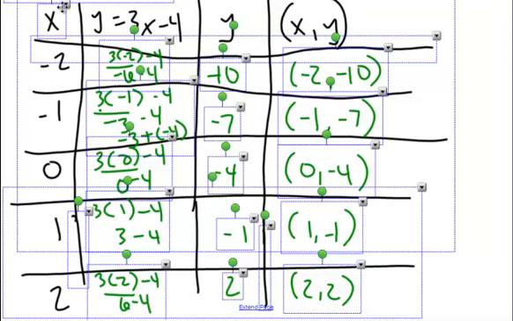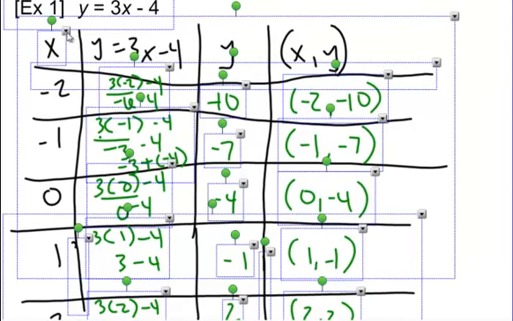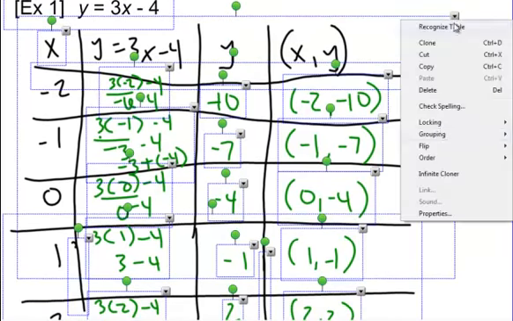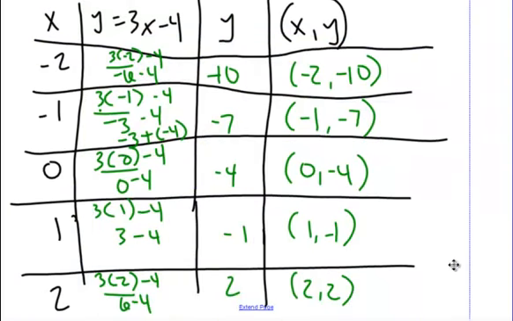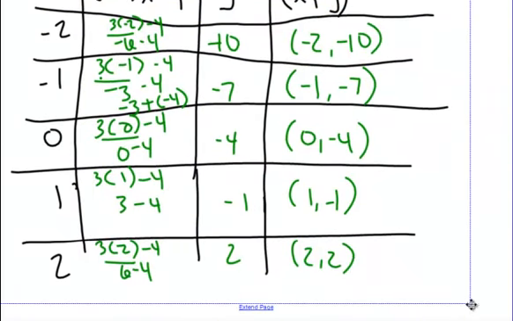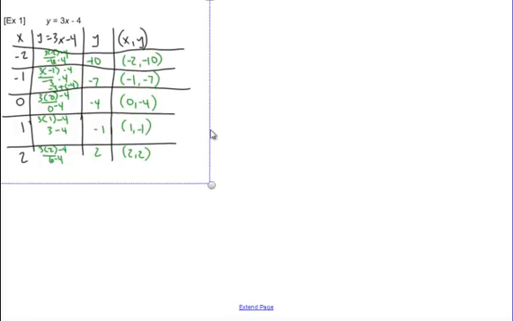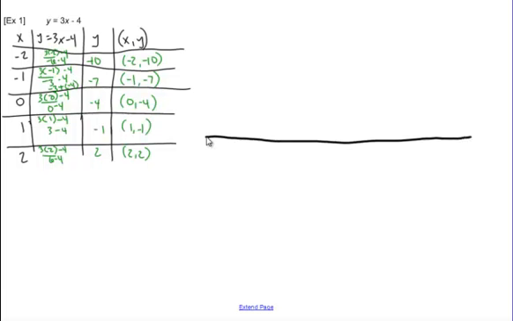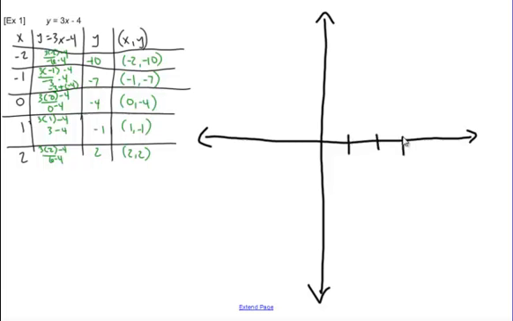So let me minimize this. And let's graph it. Is it going to be perfect? No, but it's exactly what I need. Let's go by 2's on the y's, because that's what I have room for, right? I can go by whatever I want as long as it's consistent. So we'll go by 1's on the x's.